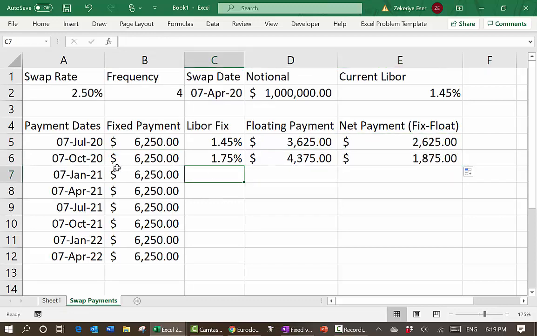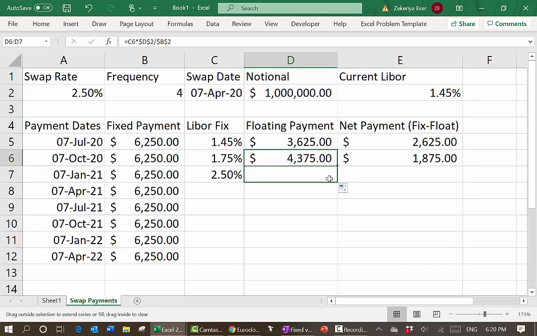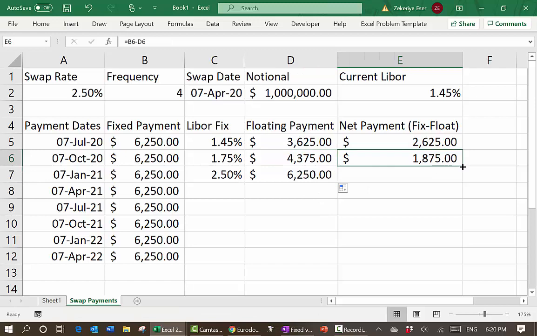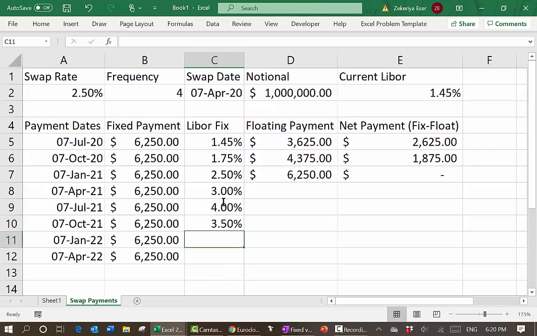Let's say on 7th of October, LIBOR is 2.5 now. That means your floating payment is $6,250 and your net payment is 0. Let's make 3%, 4%, 3.5%, 275 and 175.